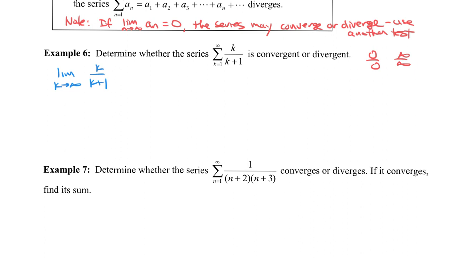Divide everything by k, which we could do algebraically by multiplying by 1 in the form of 1 over k over 1 over k. So if we do this, we'll get the limit as k approaches infinity. The numerator will be 1, and then the denominator is 1 plus 1 over k. We can take the limit, and this term goes to 0. We could make this term as close to 0 as we want.